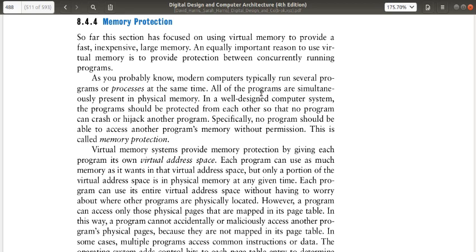And if the physical locations allotted for a certain process are full, and a new page is being taken from the hard disk and put into the main memory, then similar to cache memory, a replacement algorithm is used to evict some page and the new page is put into place.